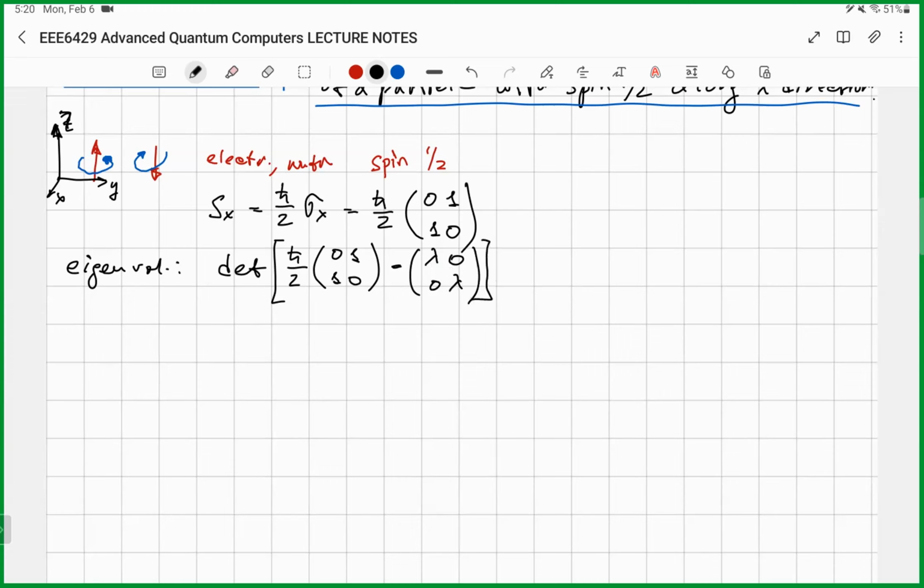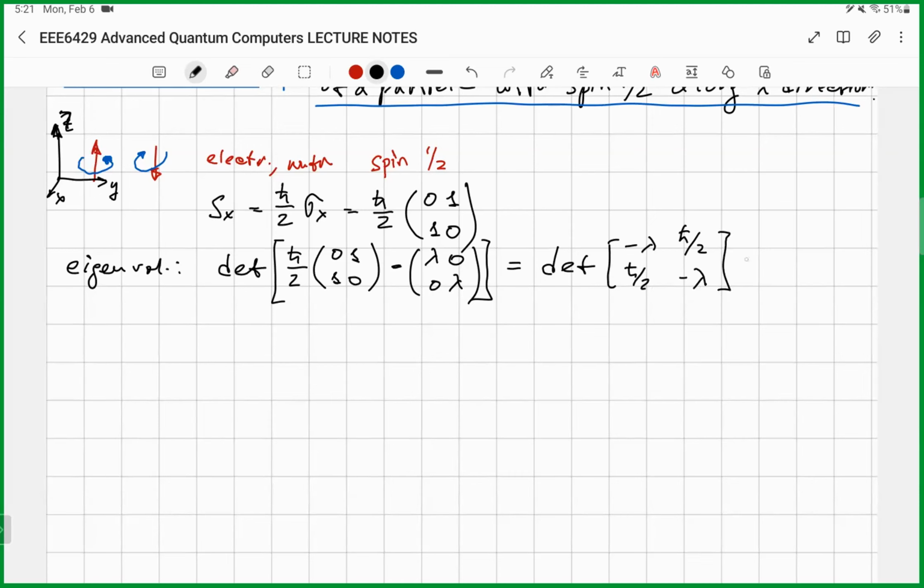In result, I'll get a new matrix. The determinant here will be minus alpha here, h bar over 2 and h bar over 2 here, and minus alpha here.